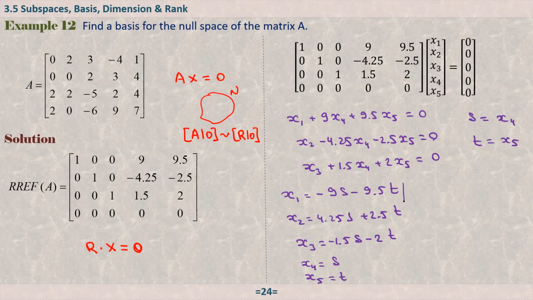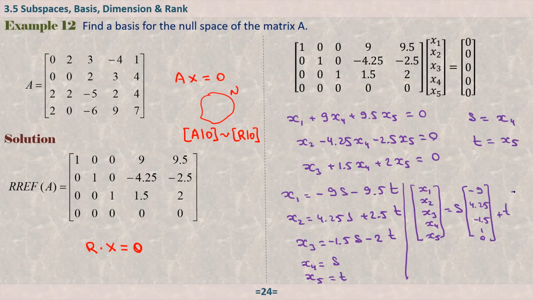So now we can write the solution of the given homogeneous system, that is x1, x2, x3, x4, x5. First S times the vector with entries -9, 4.25, -1.5, 1, 0.